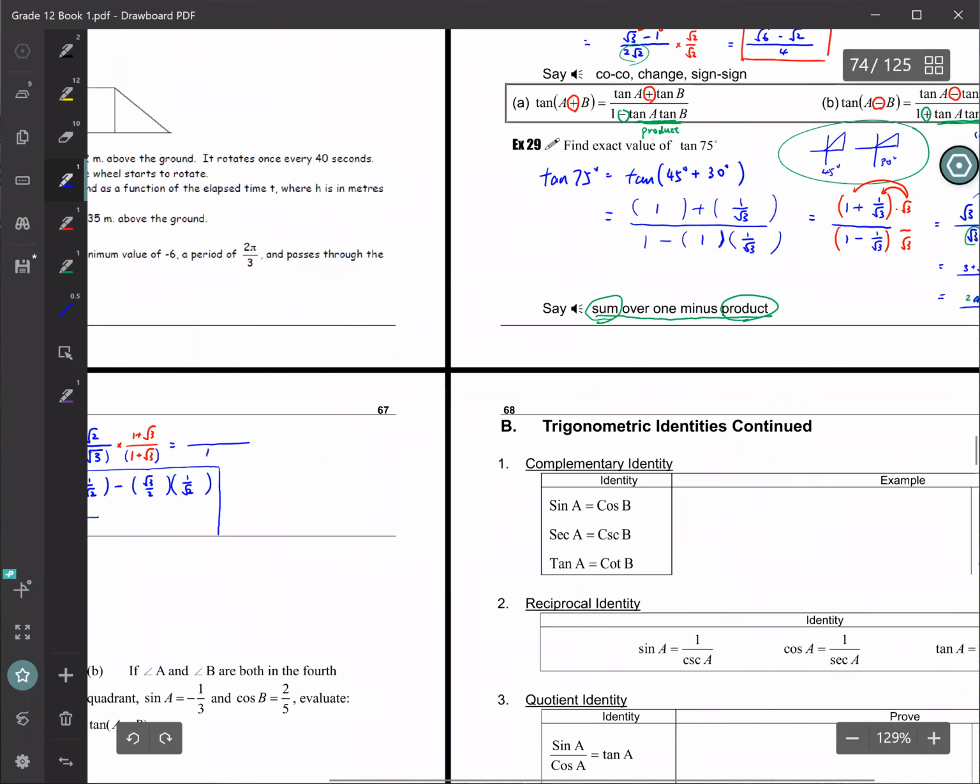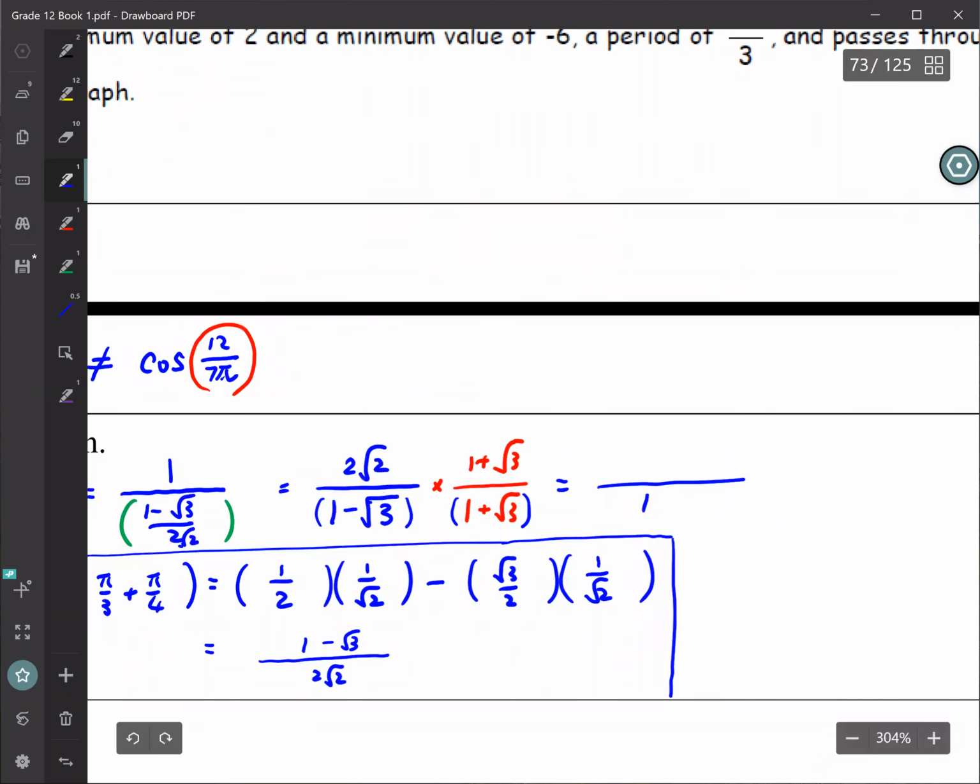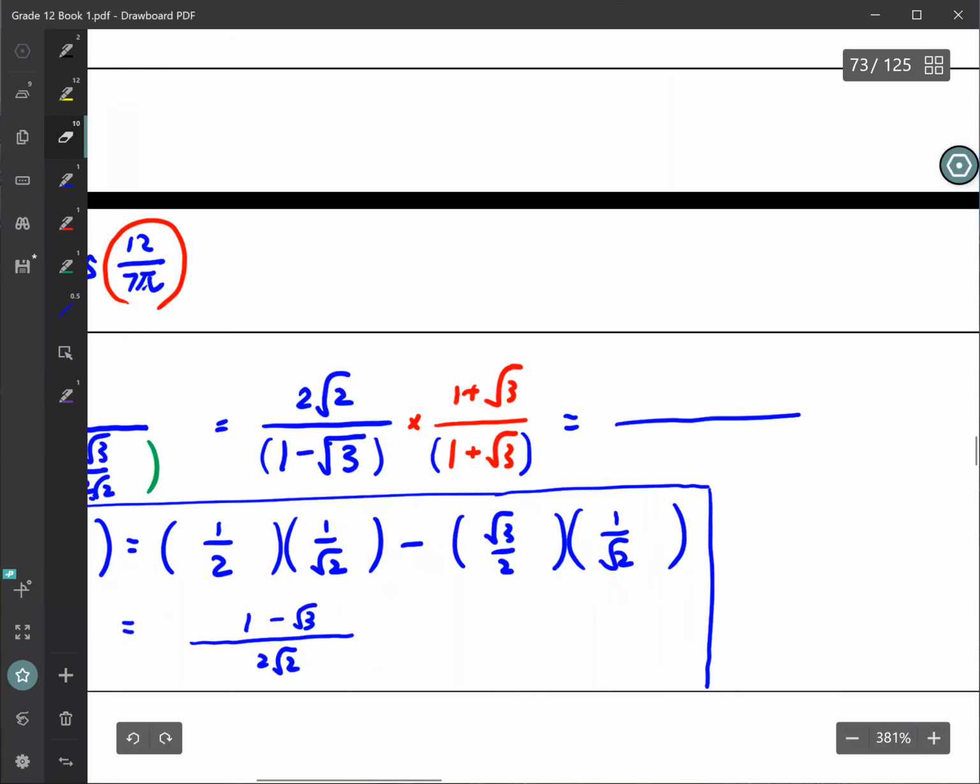Okay? So can you try again? How do we get the denominator? Do you know how to get it, Tiana? No. Okay. The 1 minus root 3 is like the a minus b.